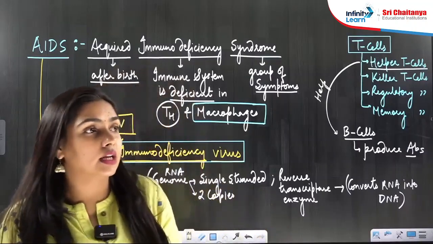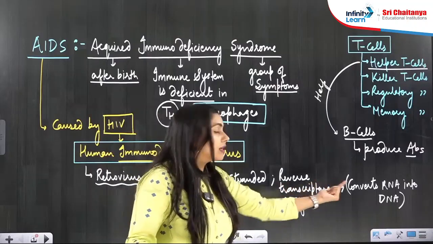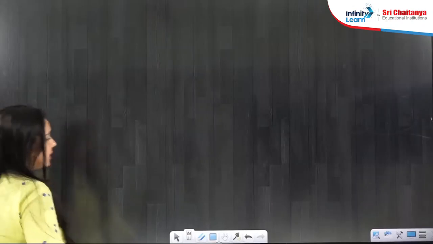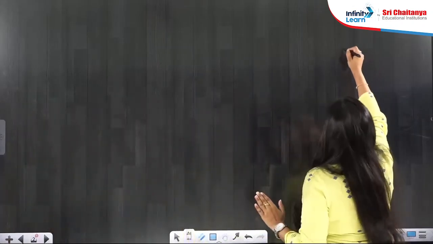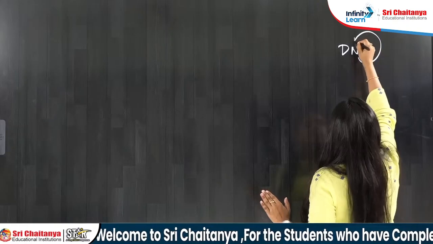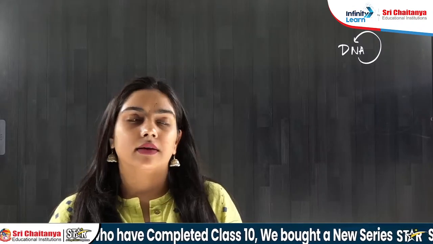So this enzyme will help them to convert the RNA into DNA. Let me tell you what is the meaning of transcription. Here reverse transcription is happening. When DNA is converted into DNA, DNA is making its own copies, then it is known as replication.